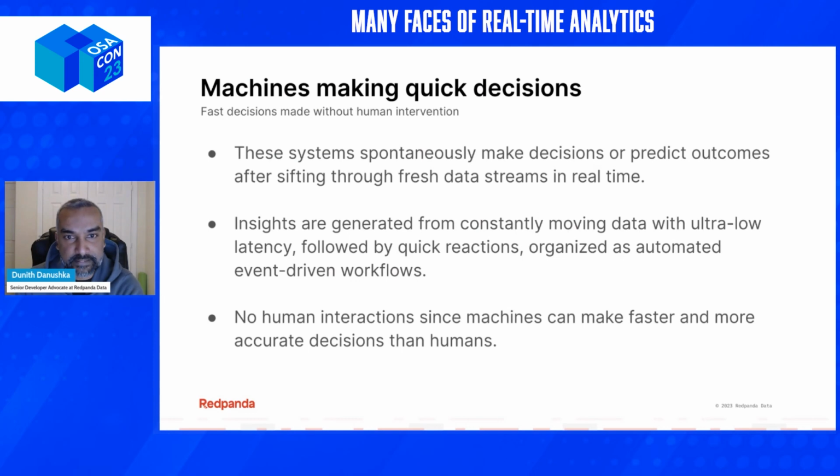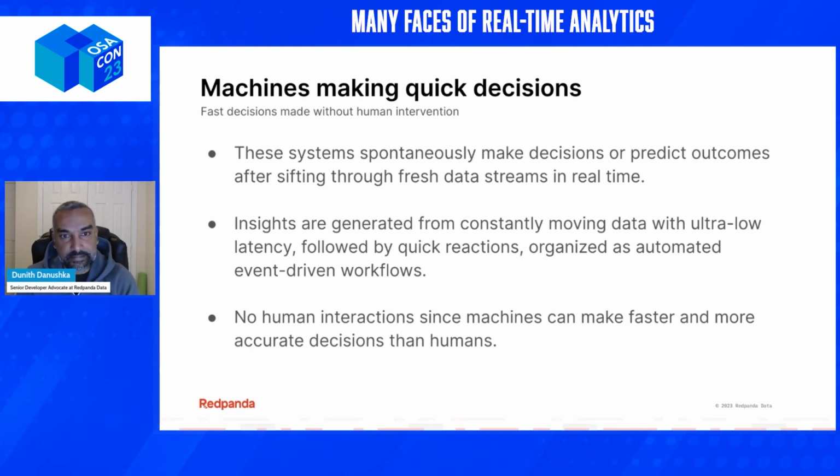So basically, this is where we get to see machines making quick decisions without human intervention. So these systems have been designed in the mind to ingest high velocity, high throughput data streams, compute metrics, detect patterns, and react to them by triggering event-driven automated workflows.